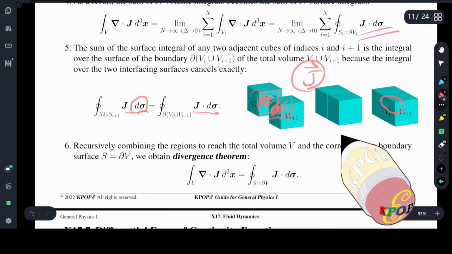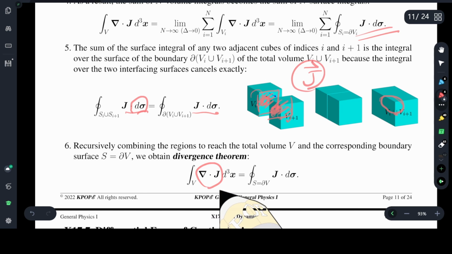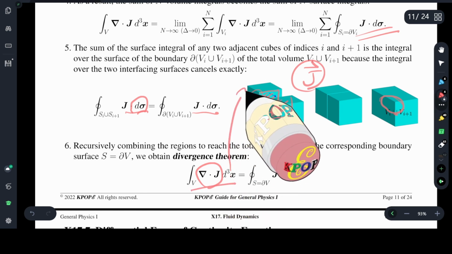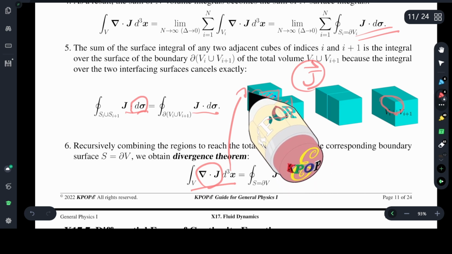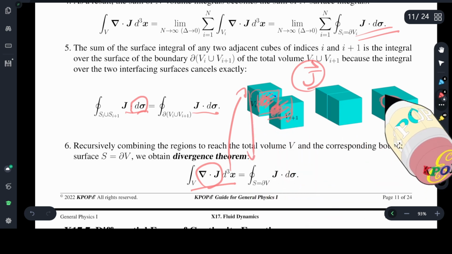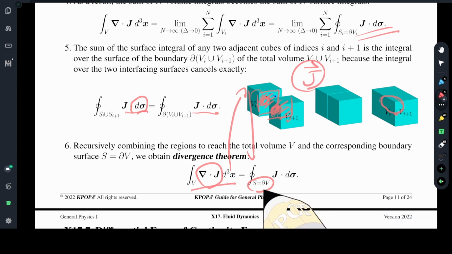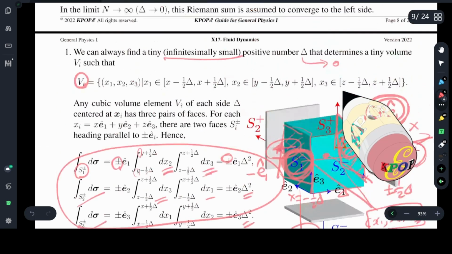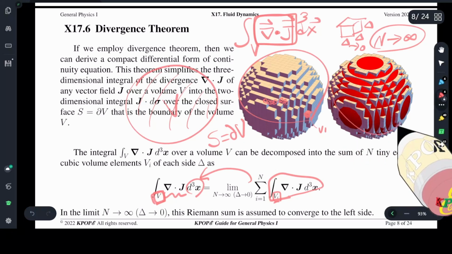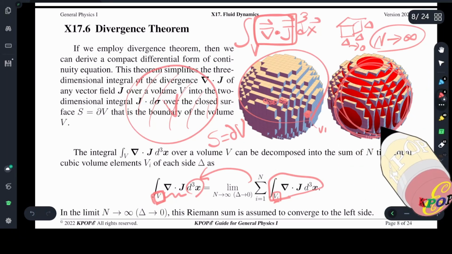As a result, the volume integral of the divergence was divided into many pieces, and we have found that this closed surface is identical to the boundary surface of the original volume.